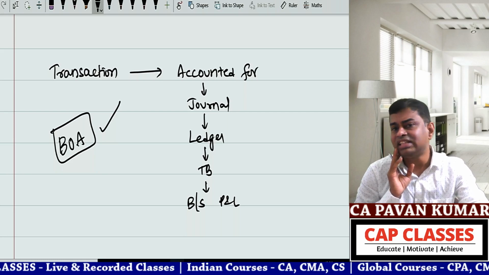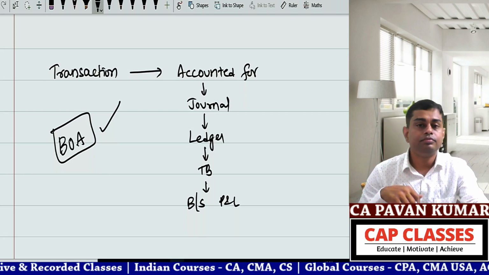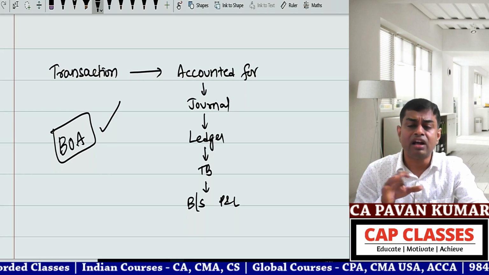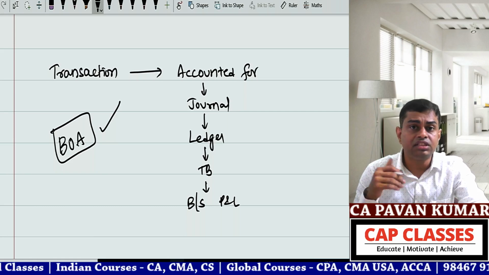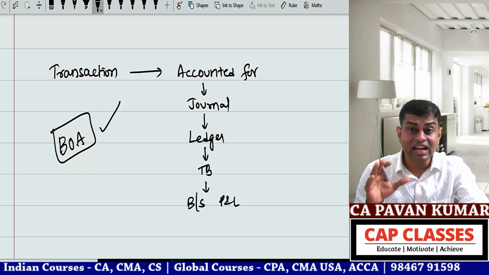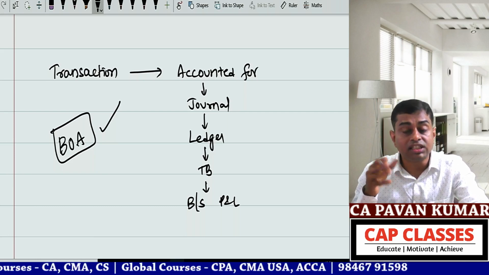Pavan sir, can this happen in a company? No. This single entry system can never be seen in a company, because the Companies Act is applicable. The Companies Act has given the definition of accounts in Sections 128 and 129.